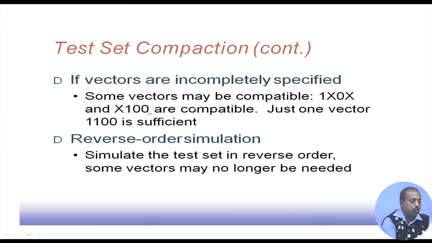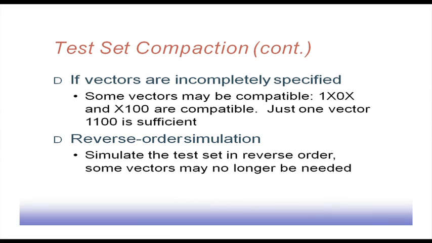So, instead of taking two vectors, we can select a single vector, and that is sufficient for covering both the vectors. Okay. So, faults that are detected by either of these two vectors will be detected by this new vector as well. So, that way we can reduce the size of this test set.